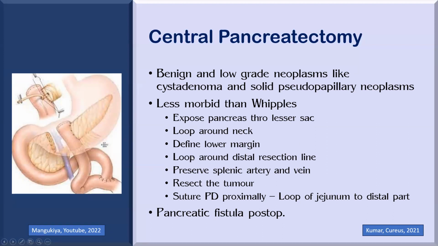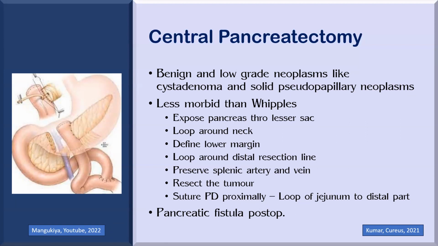Okay, so the dissection around the neck is very similar to Whipple's. You have to get into the plane between the SMV and the posterior part of the neck. Defining the lower margin is very important. All right, and you can resect the tumor.